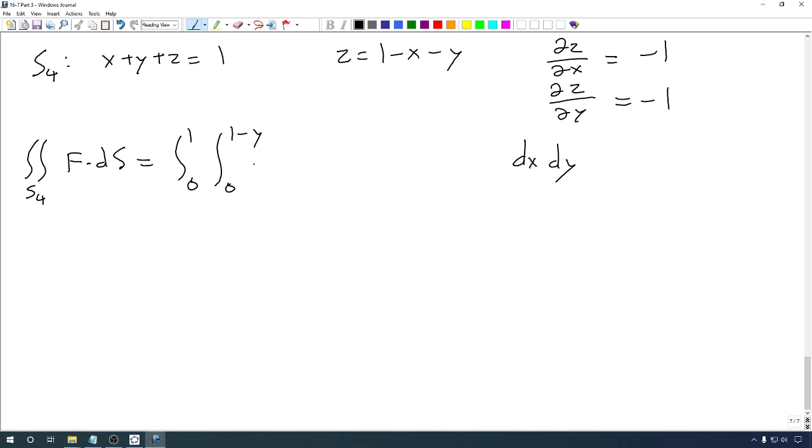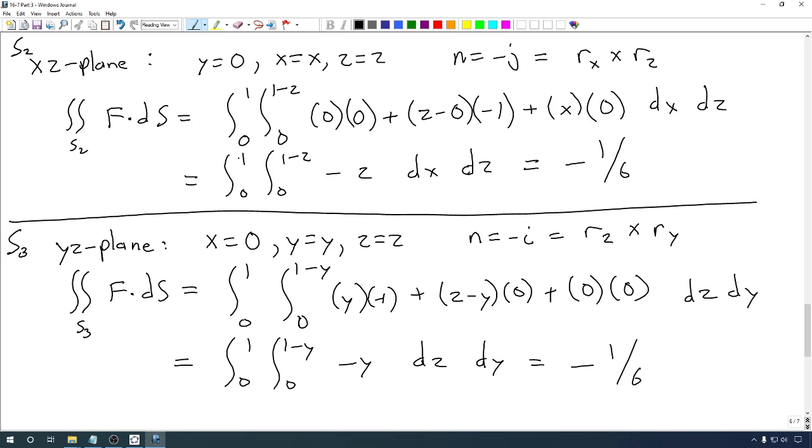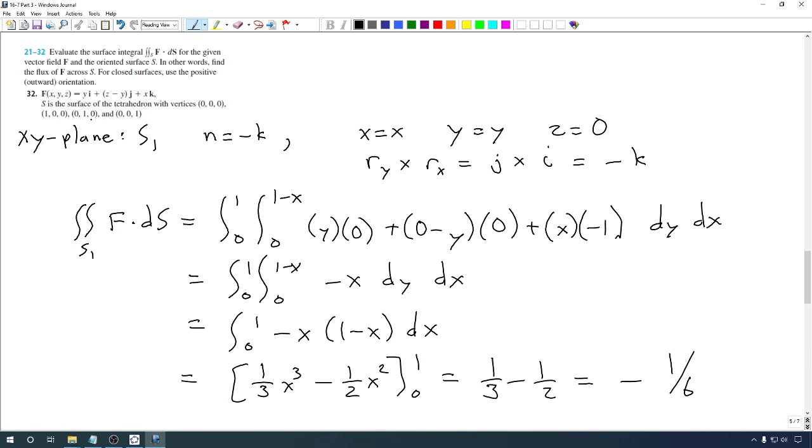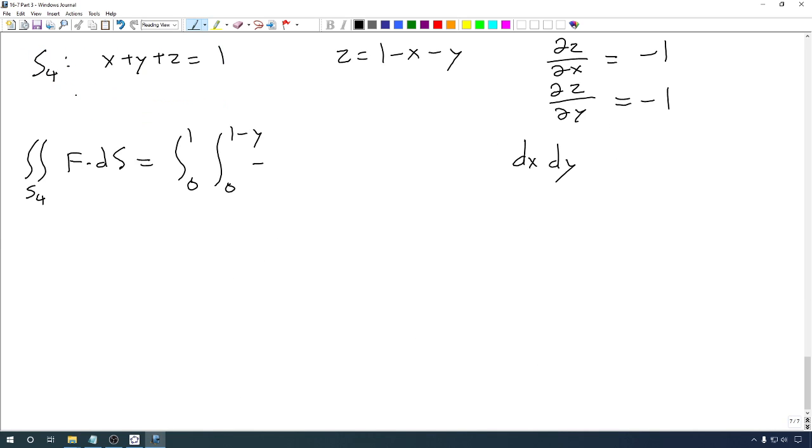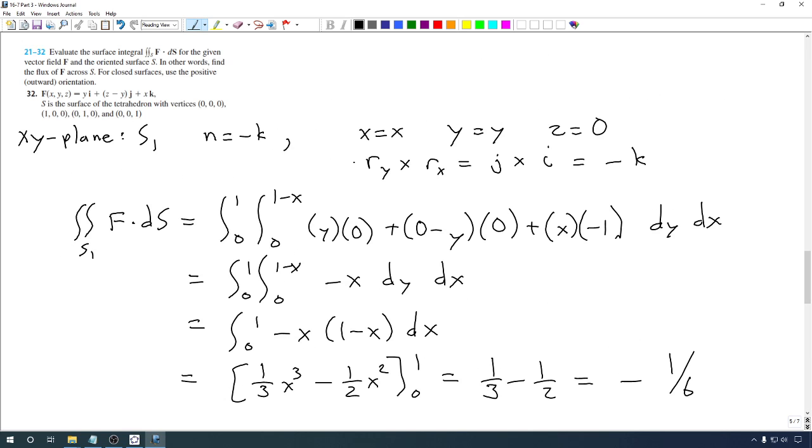But I need to have negative P. P is my first component of f. Go back two pages. That's a y. So I have a negative y times my derivative of z with respect to x, so I'll be times -1. Minus Q. Q is my second component of f, which is z minus y.